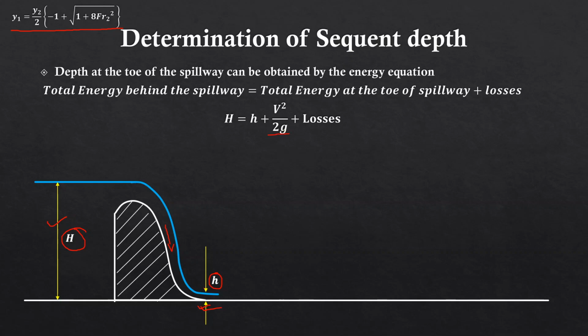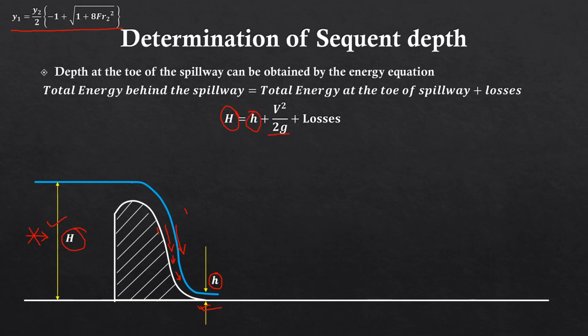In the upstream we are not writing any kinetic energy because it's almost negligible, since the velocity of water upstream of the spillway is very low. It's a large reservoir, so it is almost stationary water, and the losses occur when water is flowing over the spillway because of friction with the spillway walls or with the atmosphere, or due to the turbulence of the water itself. Now from this equation you can find out this H. That part you will do yourself.